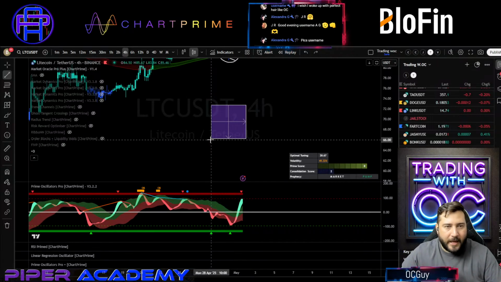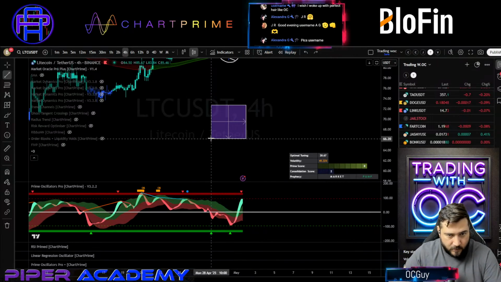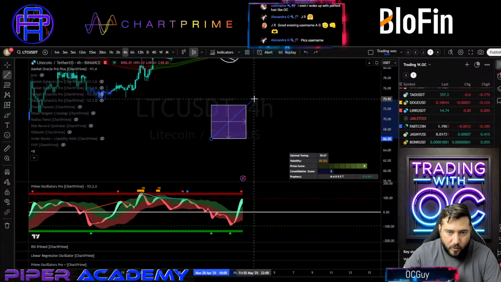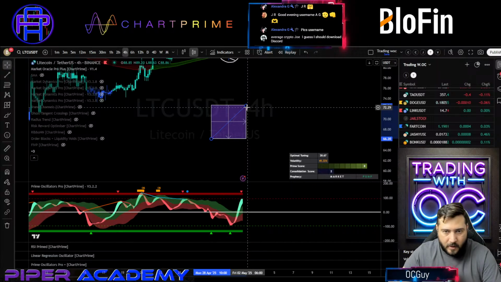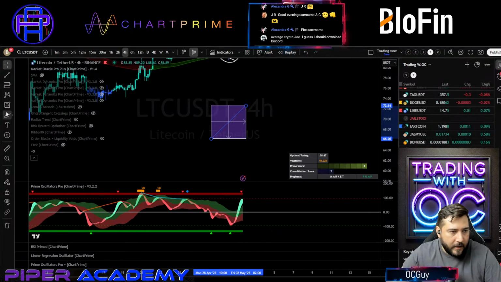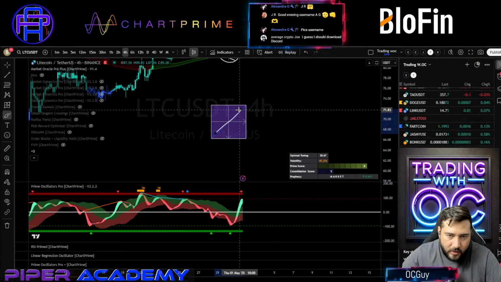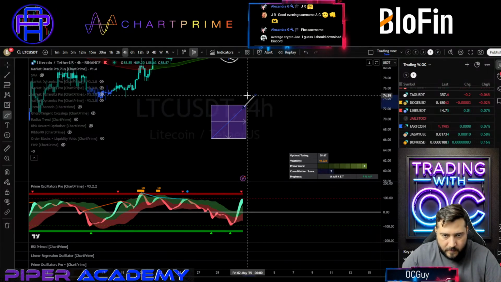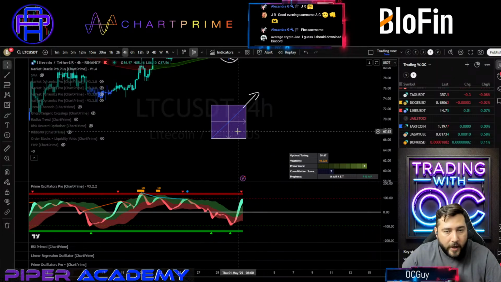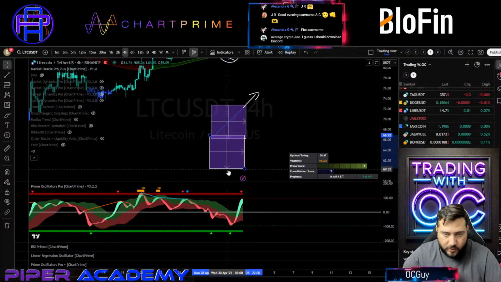When I'm measuring a bullish breakout, I'm going to be drawing a line from bottom left to top right, showing the direction of the breakout. So let me just draw it like this. I can just control click, right?